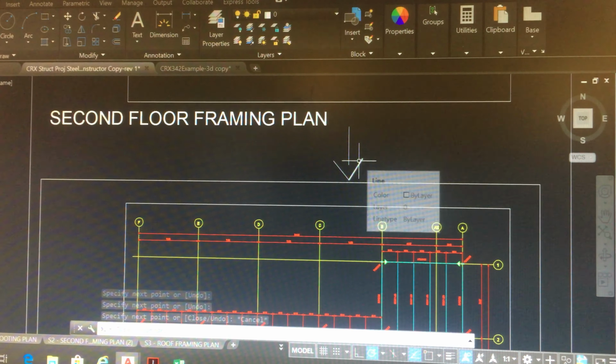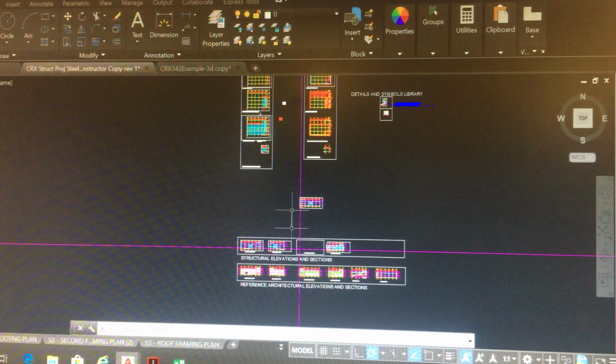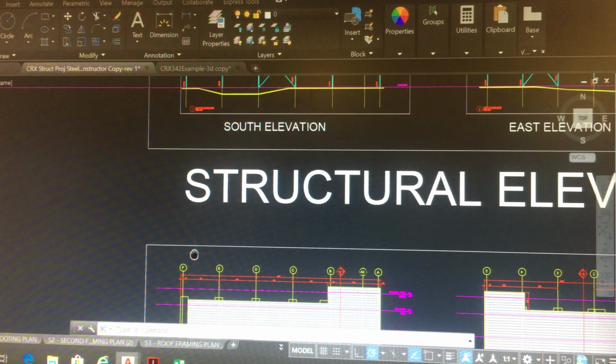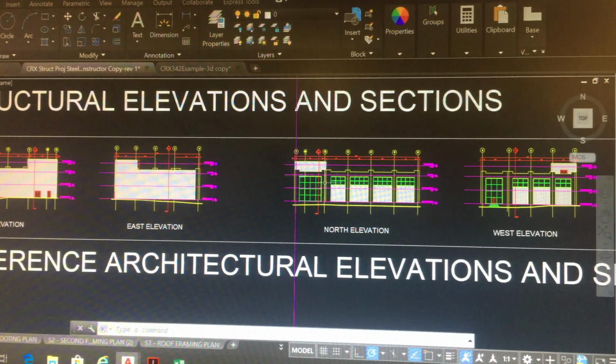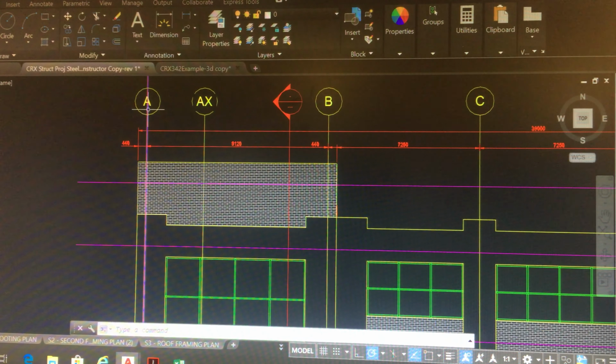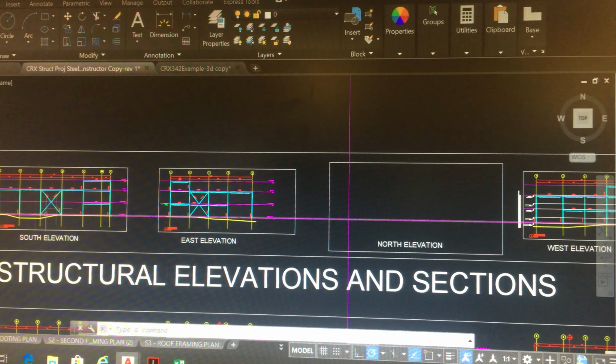Do you agree with me that if I look this way, I would actually see A, AX, it would change the way I'm seeing the grid bubbles over here? And it does, look. If I look at the structure and architectural, I start with F, E, D, but when I look at the architectural north elevation, I'm seeing A, AX, B, do you see? So I need to flip this somehow.